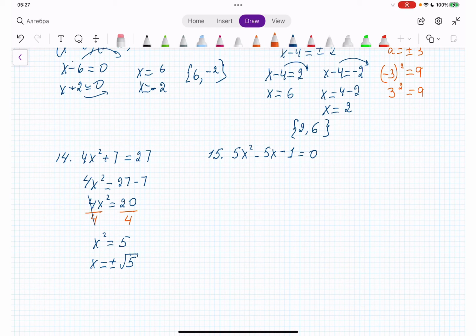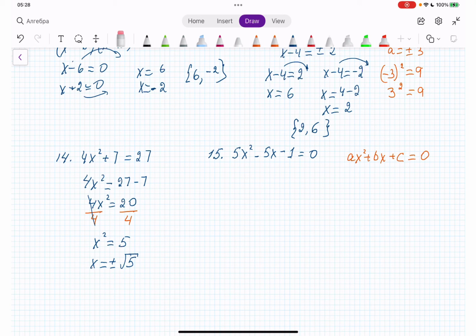We have x squared, we have x, and we have a variable-free term. Why am I not mentioning coefficients? Because to identify the form of a quadratic equation, the coefficient is not important. But what we see is that we have a quadratic equation, with x squared, x, and a free term. And that's going to be represented in the form of ax squared plus bx plus c equals 0. Okay?